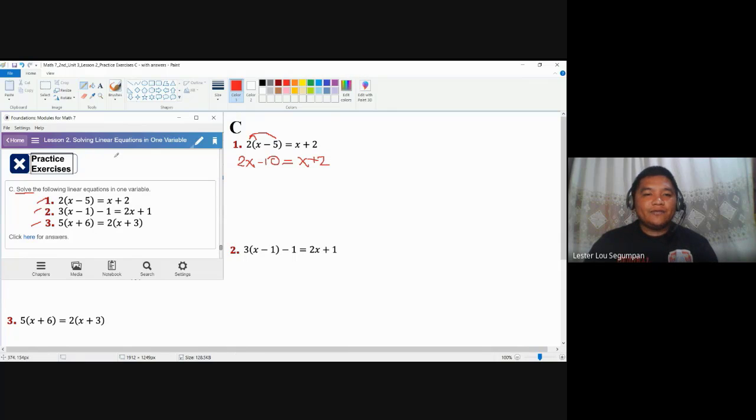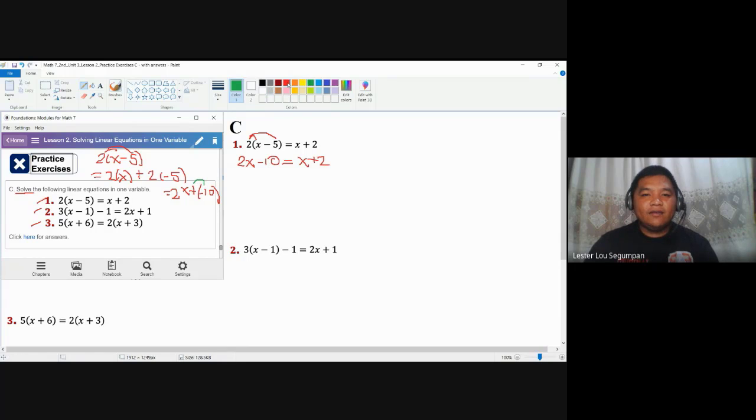This is again taken from here, 2x minus 5. If you are not yet convinced with that, 2 times x, use a separator plus 2 times negative 5. 2 times x is 2x plus 2 times negative 5 is negative 10. And break the grouping symbol by distributing the plus sign.